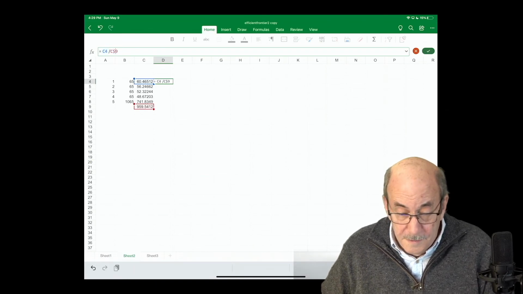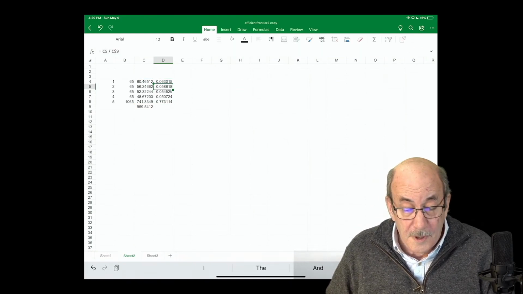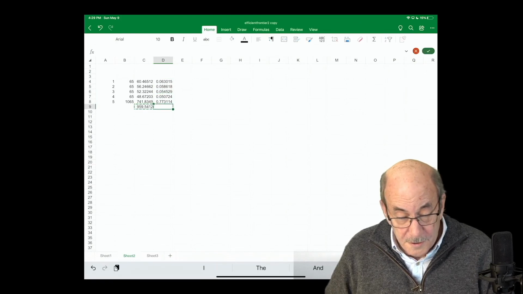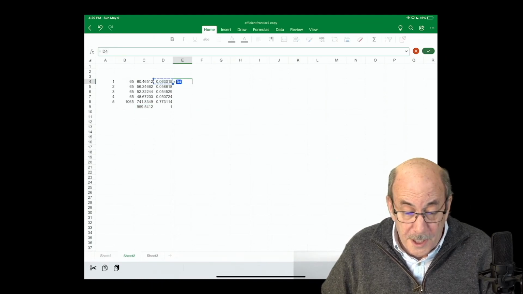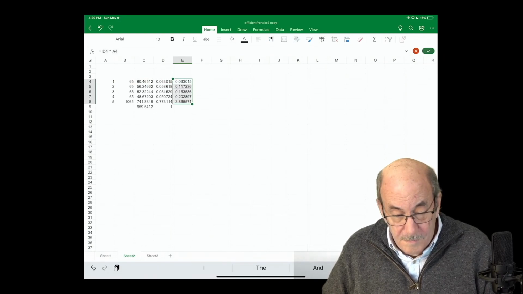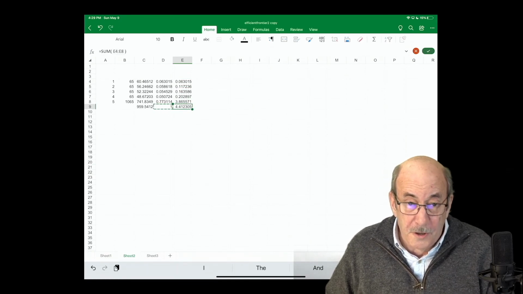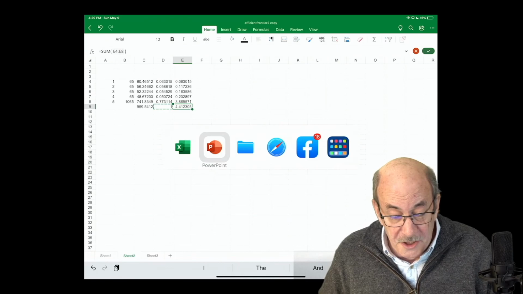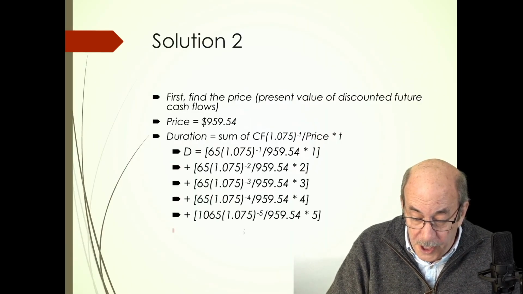And that should also sum to 1. Good. And then just going to take that times my period, and again, sum. There we go. Okay, so at least that slide is right. I just wanted to double check that slide number that we got here.